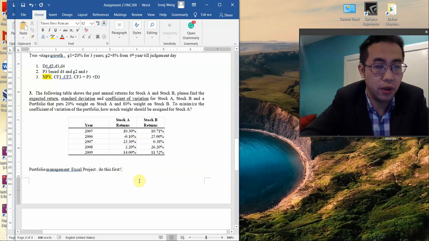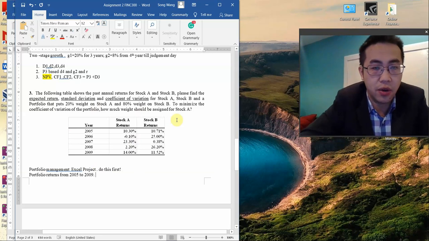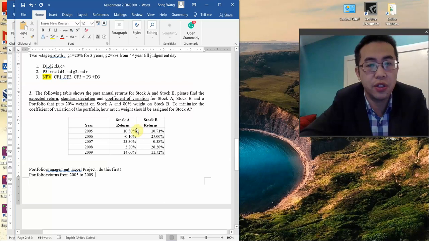And for the portfolio, you need to get the portfolio return for different years, from 2005 to 2009. You're going to create a whole new column called portfolio returns, and then find the portfolio return for each of the years.